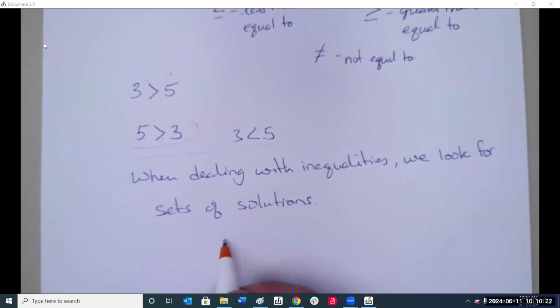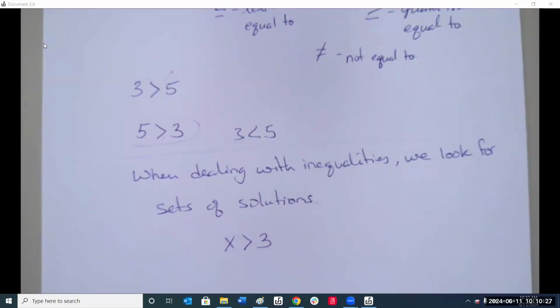In other words, what would be my answer there? If we're only talking about integers, what would be my answer there?